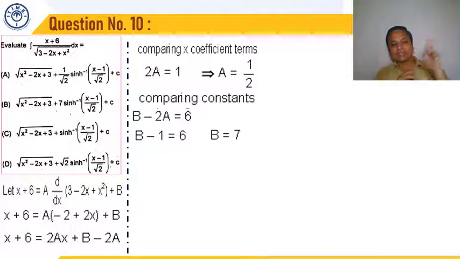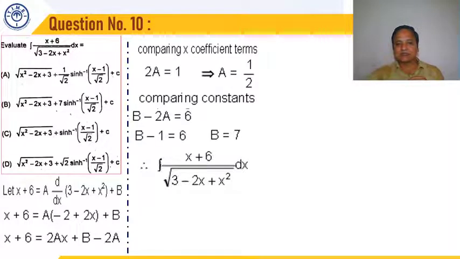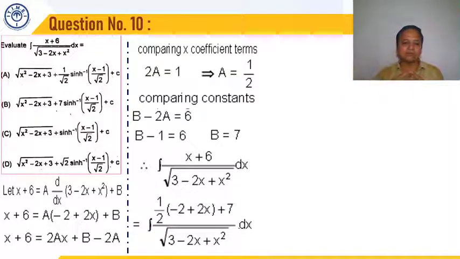So the numerator, that is x plus 6, we can write as 1 by 2 into the differentiation of the denominator plus a constant term 7. We are dividing this integral into two different integrals so that we get a standard formula we can apply.